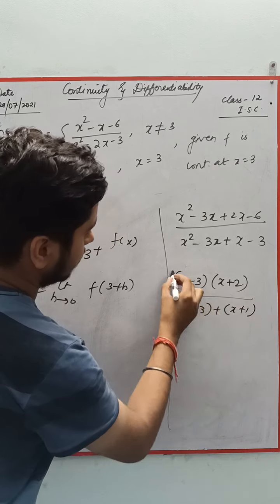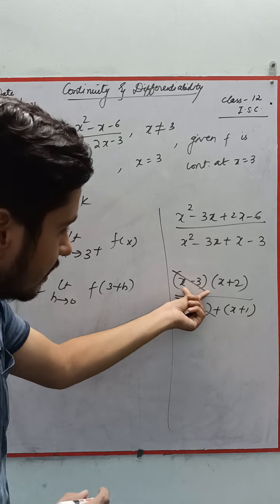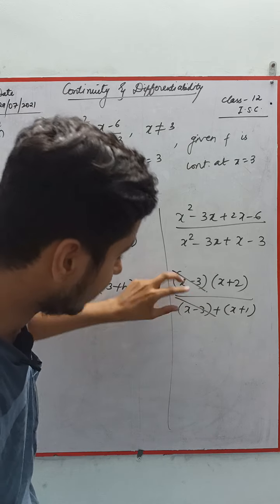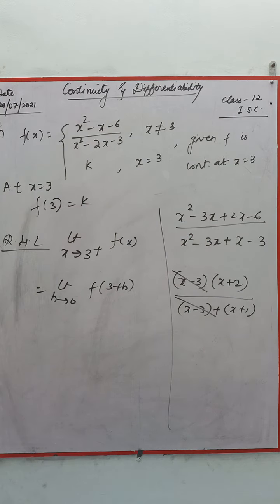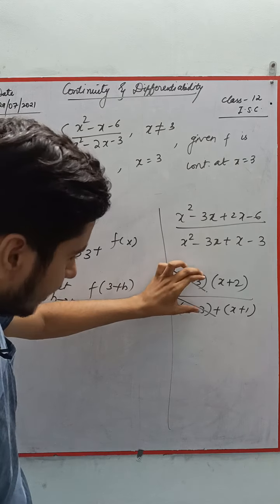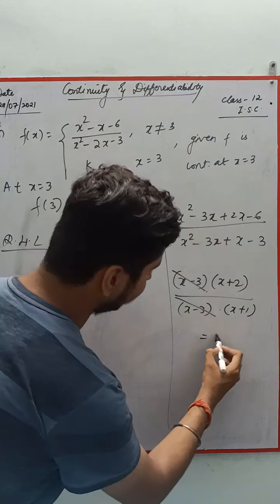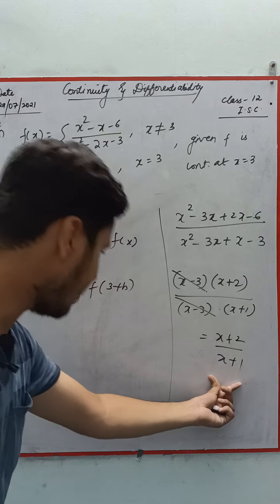x minus 3 is cancelled with x minus 3, because on putting x equal to 3 we get 3 minus 3, and this is the factor which is making our function an indeterminate form. That is why this is eliminated. Now we are left with x plus 2 upon x plus 1. Now this is our main function.